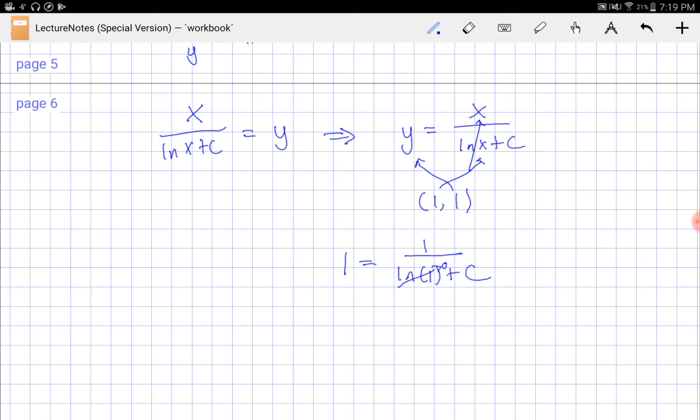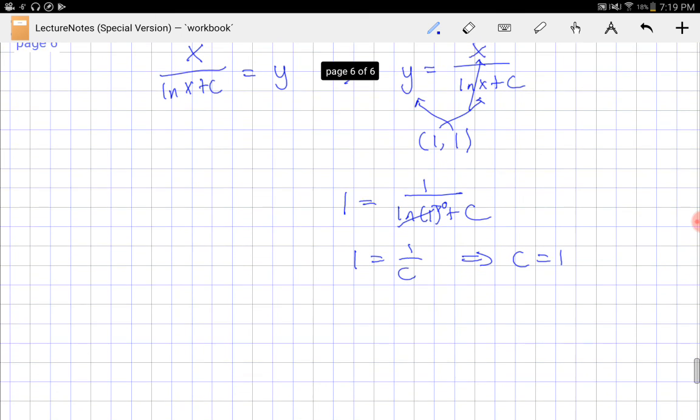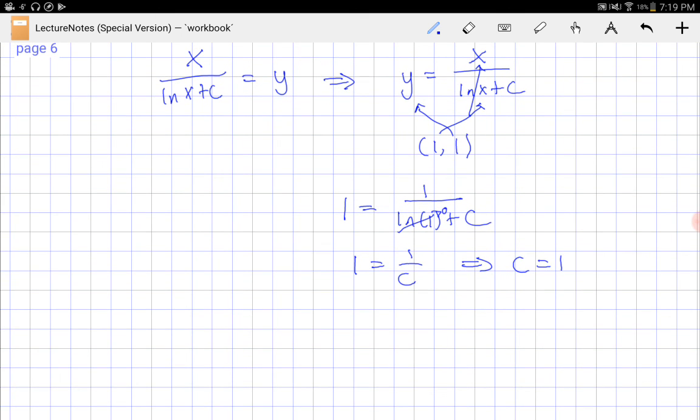Ln 1 is just 0. So therefore 1 equals 1 over c, so c equals 1. So a particular solution for this problem is y equals x over ln x plus 1. And that is your final solution.